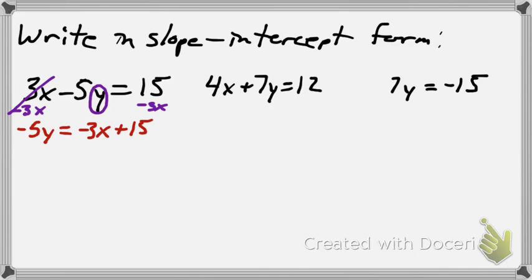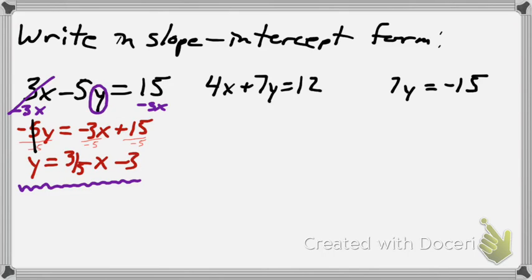The x comes before the constant. Then to divide by -5, that's going to get the y all by itself. I end up with y equals 3/5 x minus 3. And if I was asked to name the slope and the y-intercept, I could look at it and say the slope is 3/5. The y-intercept is -3.